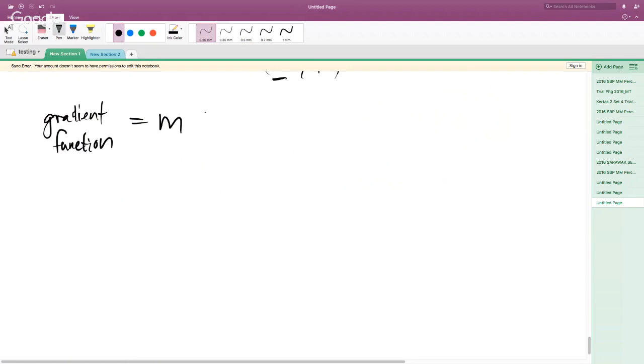It has the same meaning as gradient, but gradient function is just the gradient for a curve. There's not much difference from the gradient of a straight line. Let's say the gradient function I tell you is 2x, and it passes through point A (2, 4). And then I ask you to find the equation of the curve.